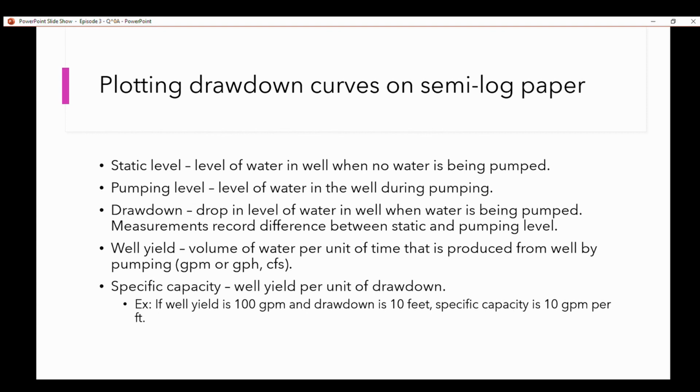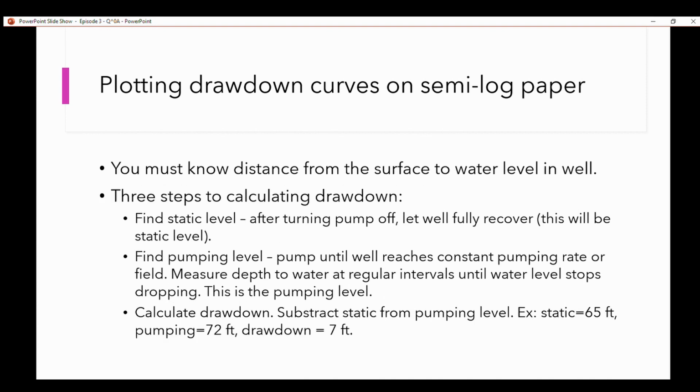Okay, so you must know the distance from the surface to the water level in the well. You measure to the groundwater level using a water level gauge. The 3 steps to calculating drawdown: first, find the static level. After you turn your pump off, you let the well fully recover, and once it reaches its max, that will be the static level.